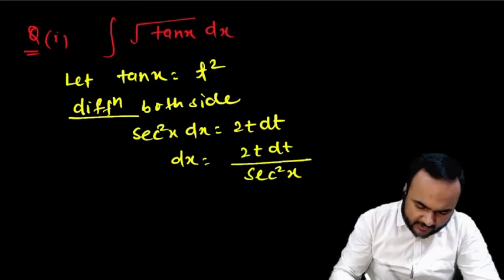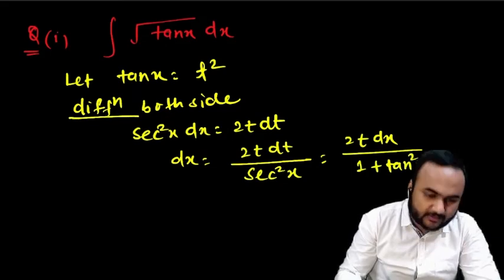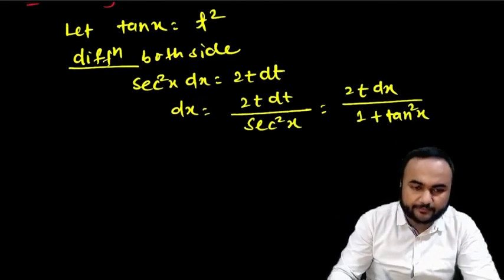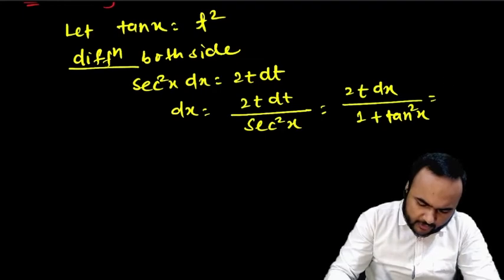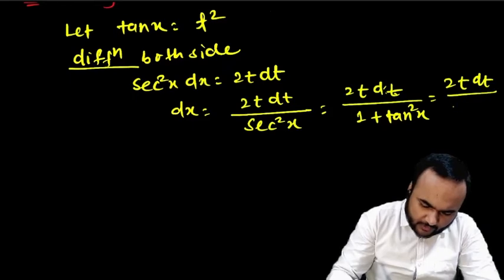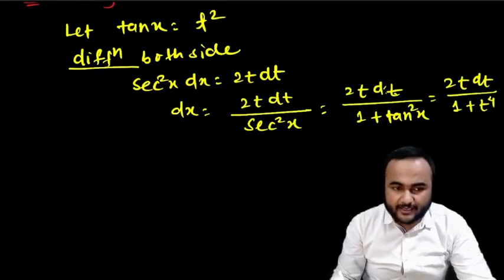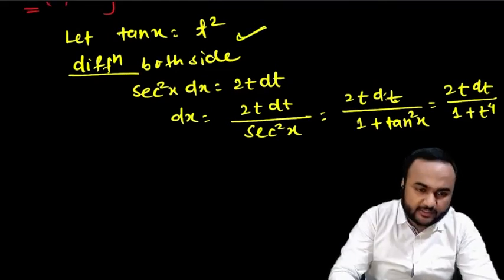Now, since we know, students, that secant square x is nothing but 1 plus tan square x, it is a trigonometric identity. So we can also write it as 2t dt over 1 plus t to the power 4, since tan x was equal to t square.